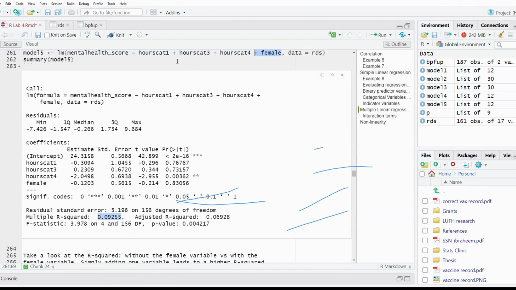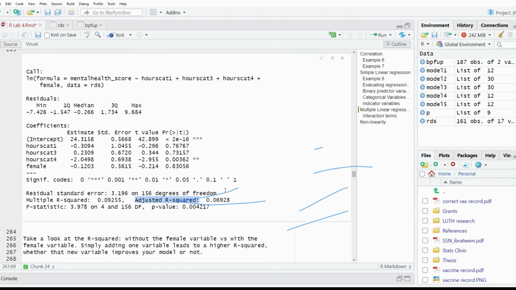But if you do a multiple linear regression, you should always pay attention to the adjusted R squared. If you have more than one variable in the model, use the adjusted R squared, because it accounts for the number of variables that you have in the model. So that's the R squared thing.